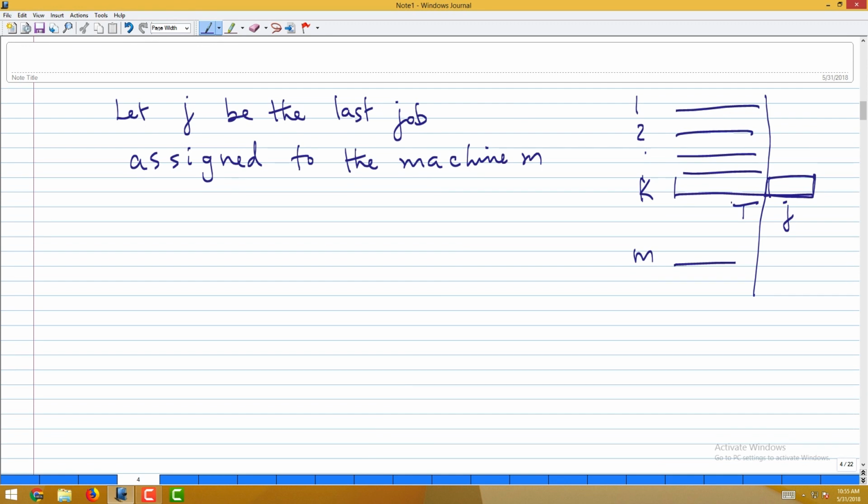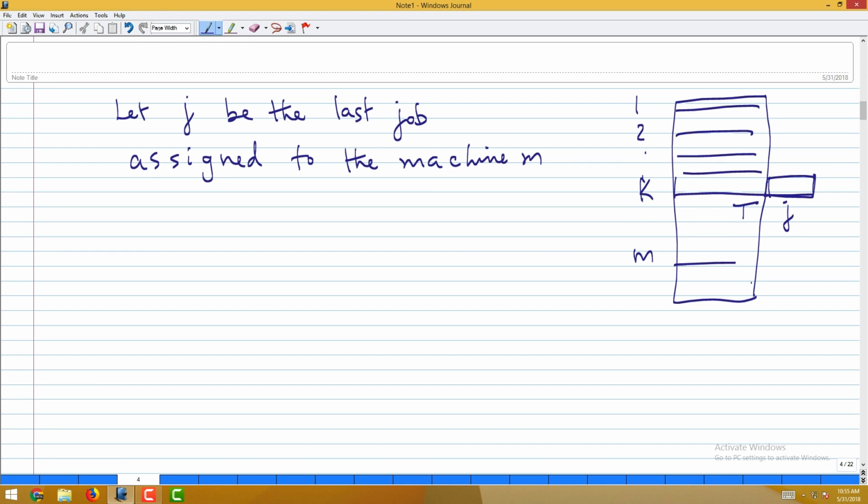Why? Because the greedy algorithm chose this machine to assign the job j. That means this was the least load machine at that time, so everybody else had a load of at least that much, maybe equal. But this is the sum of the time for all the machines except job j.